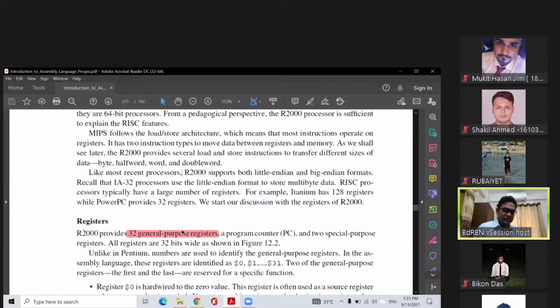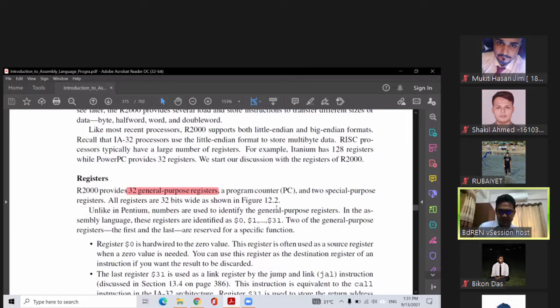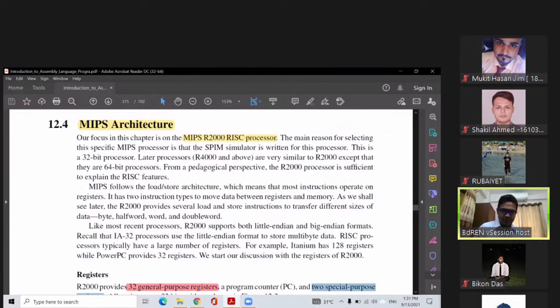Previously we had 3 types of registers. Here we also have similar 3 types of registers. First type is general purpose registers. Second one is the program counter, in short PC, and another one is special purpose registers. So just remember these 3 names for the MIPS type of processor.